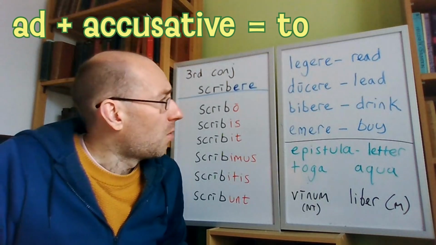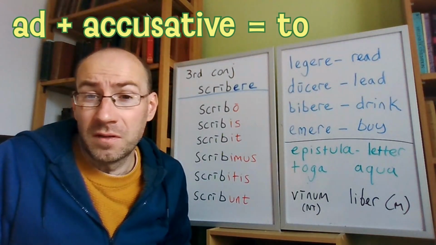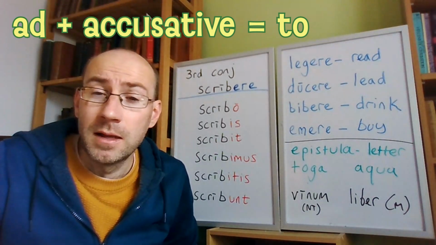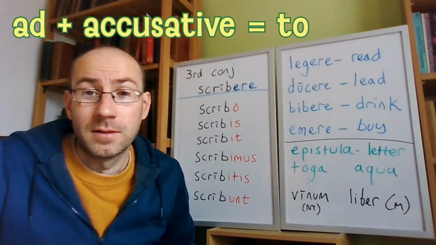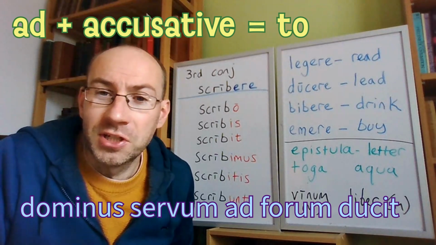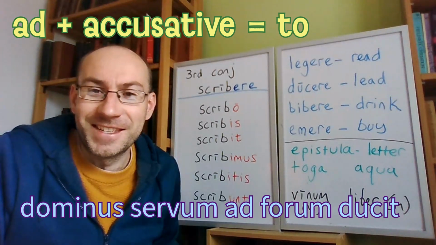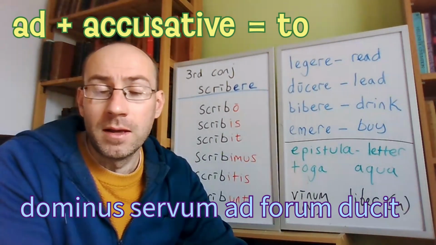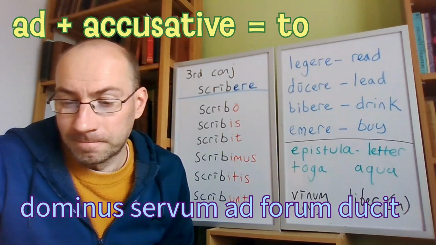So the master leads the slave to the forum would be Dominus servum ad forum ducit. Forum is a neuter word. It doesn't change in the accusative, so that's helpful in this case. Dominus servum ad forum ducit.